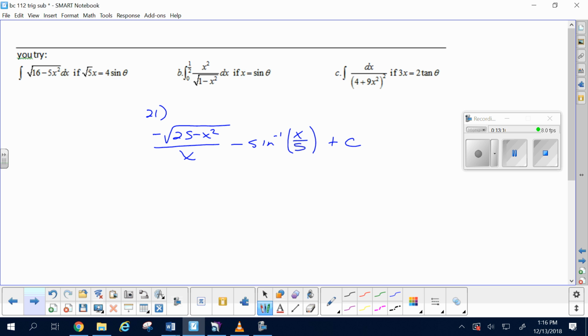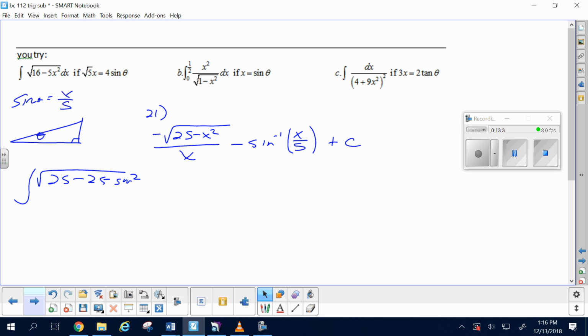Oh, yeah, no, that's right. So your triangle was sine of theta equals x over 5, yeah? You agree? Oh, yeah, I messed up the square root. Okay, cool. That's that.